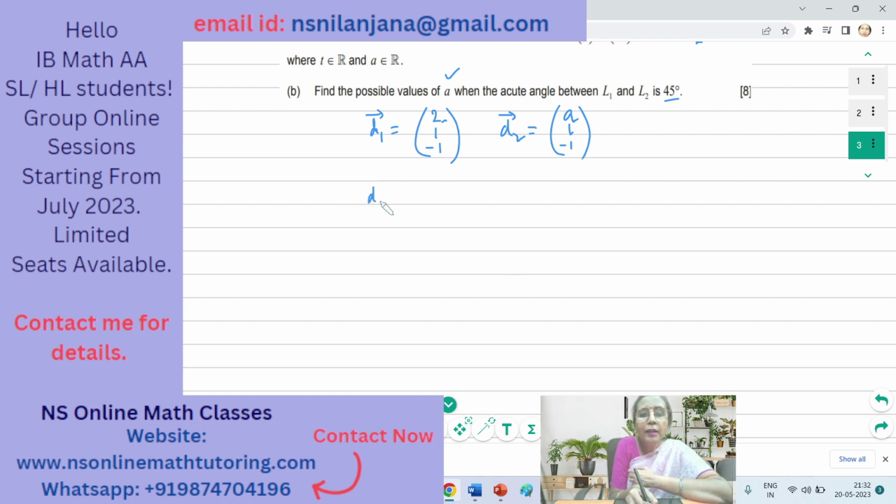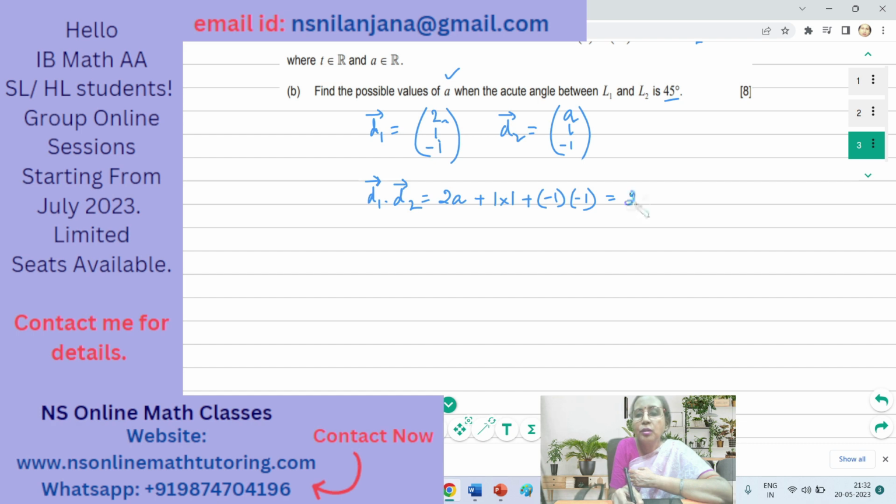So d1 dot d2 is equal to 2 times a, which is 2a, plus 1 times 1, which is 1, plus negative 1 times negative 1, which is also equal to 1.